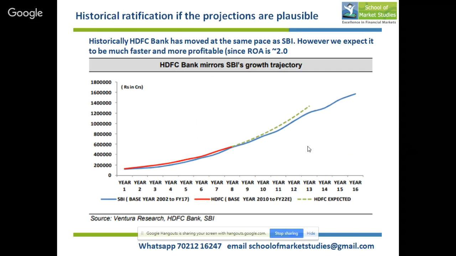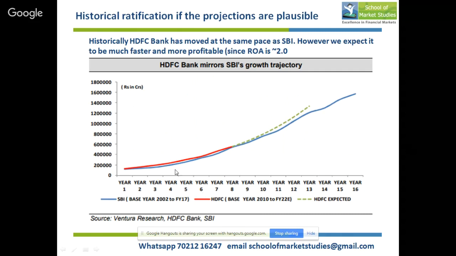HDFC. So SBI had a 1 lakh crore loan book in the year 2002, and HDFC had a similar loan book of close to 1 lakh point 1 plus something in 2010. See, the base year is 2002, and for HDFC Bank, the base year is 2010.